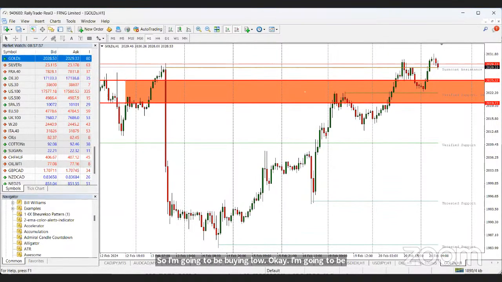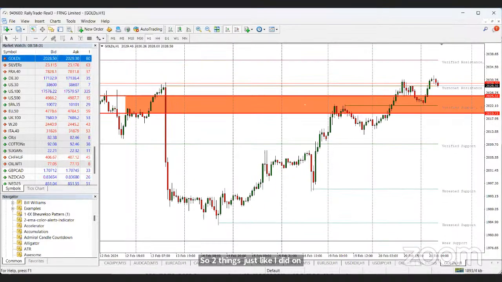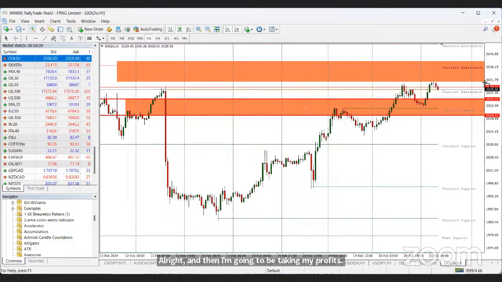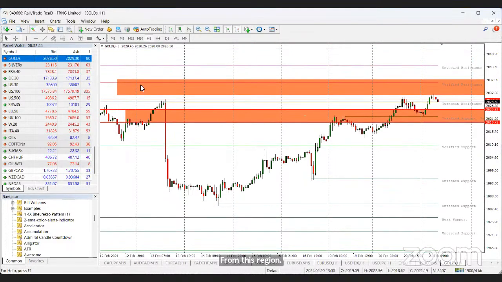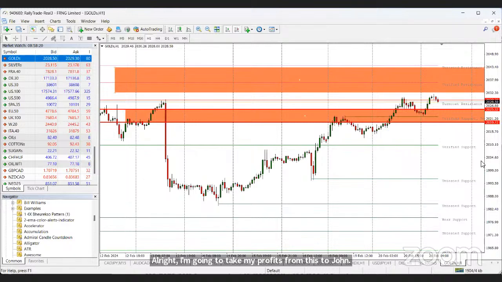So two things, just like I did on oil, I'm going to be buying once it gets that low, all right? And then I'm going to be taking my profits from this region. There we go.